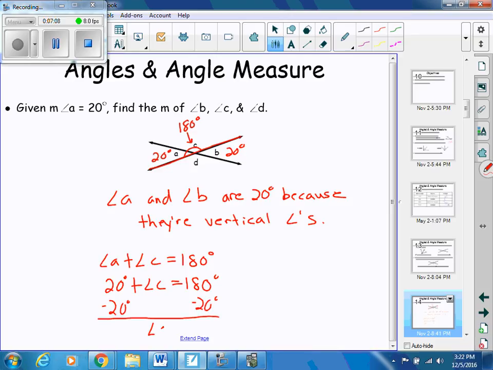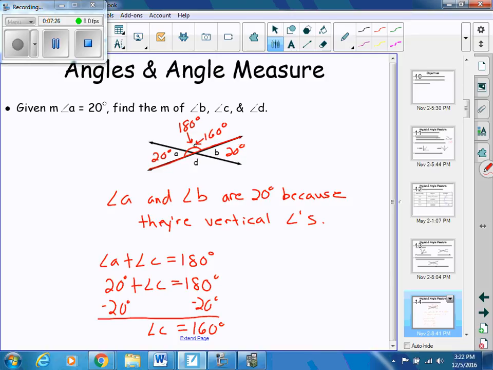And I get that angle C is going to equal 160 degrees. So angle C is 160.